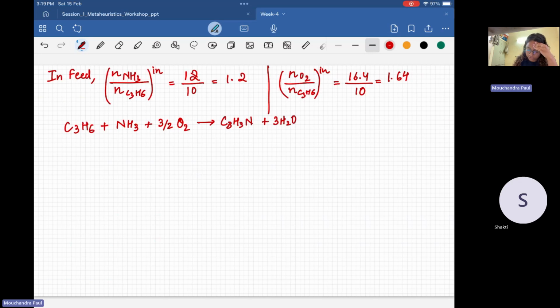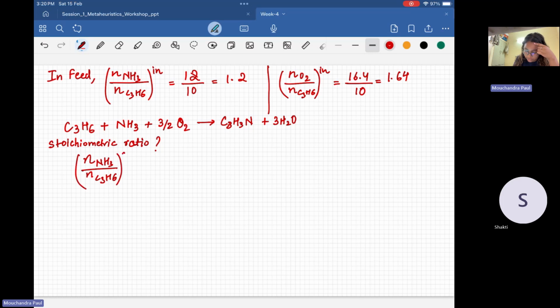So from this reaction, what are the stoichiometric ratios? Similar ratios. So let's calculate that. Number of moles of ammonia by number of moles of propylene.